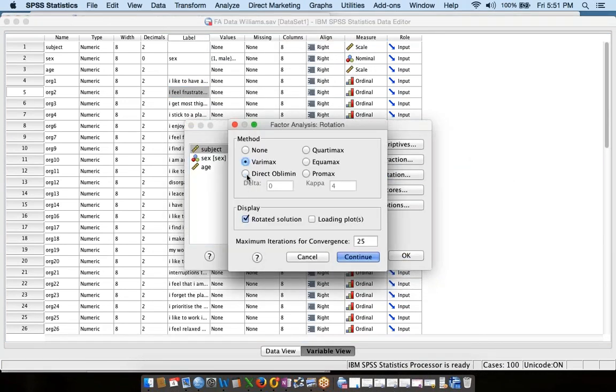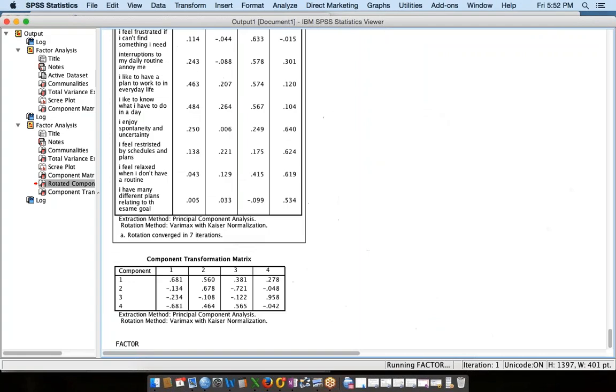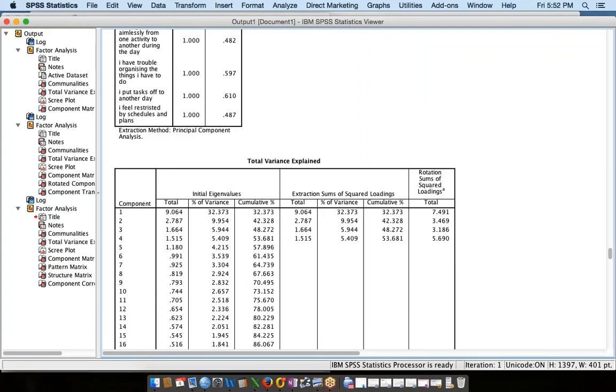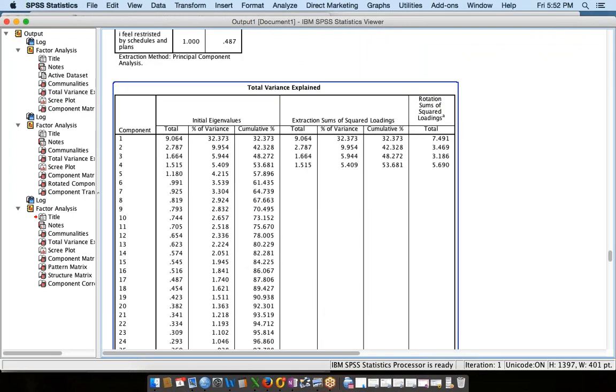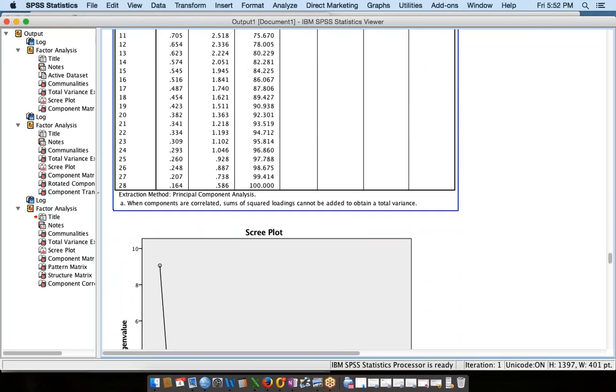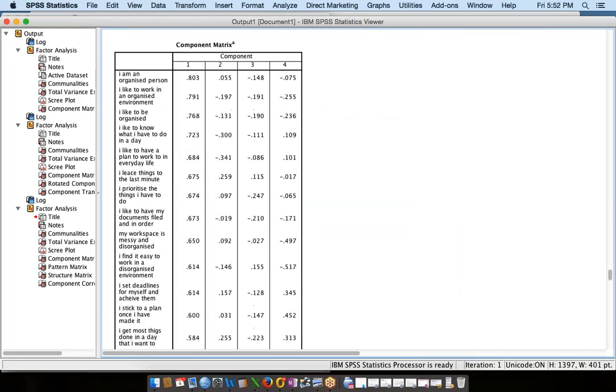So I'm going to keep everything the same, and I'm just going to change it to direct Oblimin. Okay, and there's a note here: when components are correlated, sum of squared loadings cannot be added to obtain total variance, because it would be doubling the variance being counted.